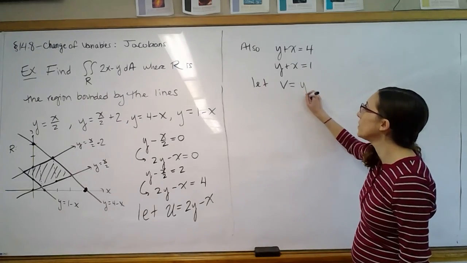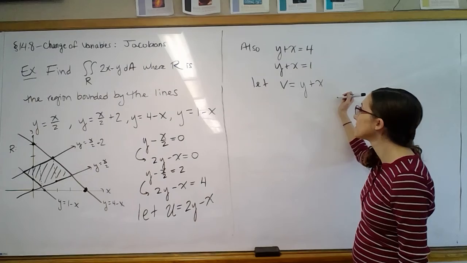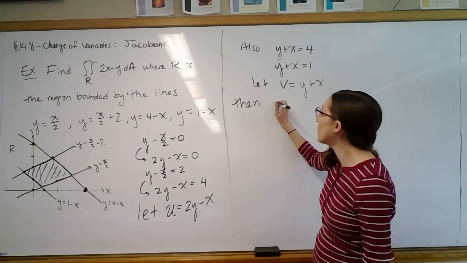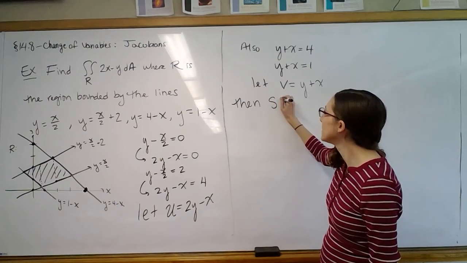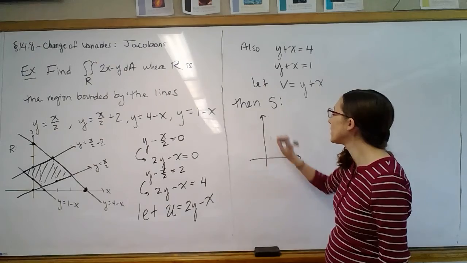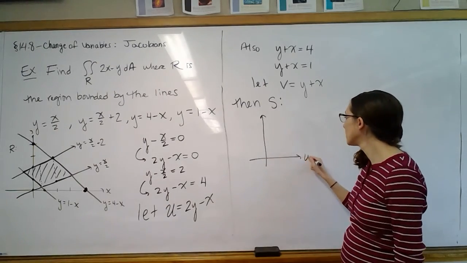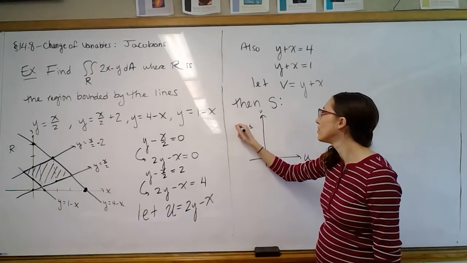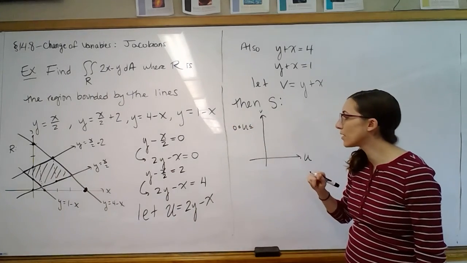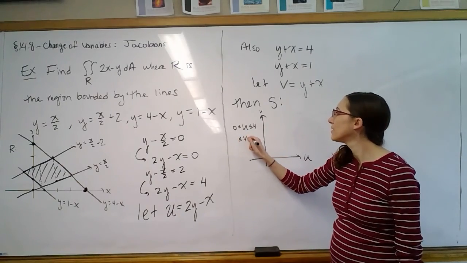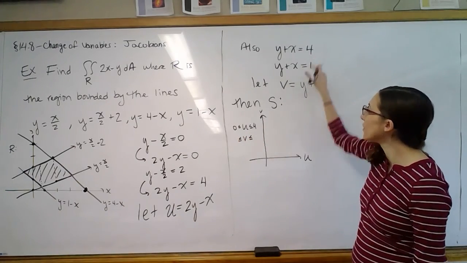So if I let v be y plus x, then if I think about my region S in the UV plane, u just goes from 0 to 4, and v goes from 1 to 4.